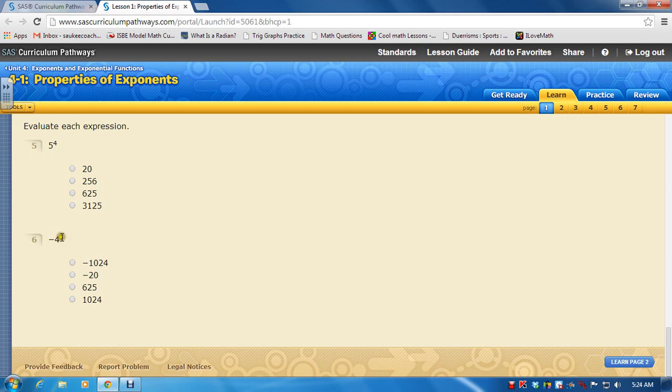Negative 4 to the 5th power. Remember, what is being multiplied 5 times here? Well, it's just the 4. I know my answer is going to be negative because it remains here. It is not involved with this exponent. So I'm going to have 4 to the 5th power, and then the answer is going to be a negative. So we're right there. Okay?